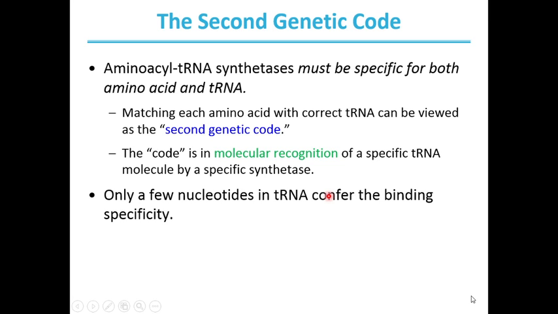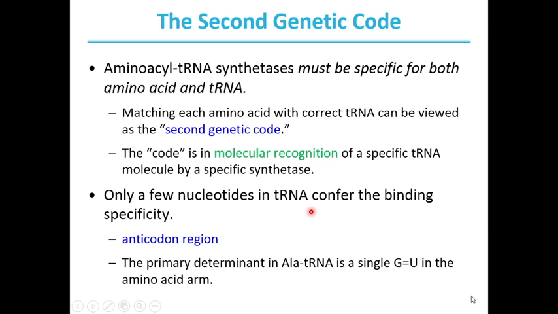Only a few nucleotides in tRNA confer the binding specificity. For example, the anticodon region of the tRNA is one specific region that confers specificity. The primary determinant in alanine tRNA is a single GU base pair in the amino acid arm. This was an interesting finding, and we will talk about this in a little bit.